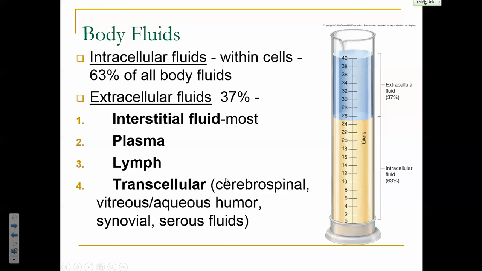You don't have to know exactly 63% and 37%, but you need to know that you've got more intracellularly than you do extracellularly. And of the extracellular, the most abundant would be interstitial fluid. Okay? And know which ones are listed as transcellular.